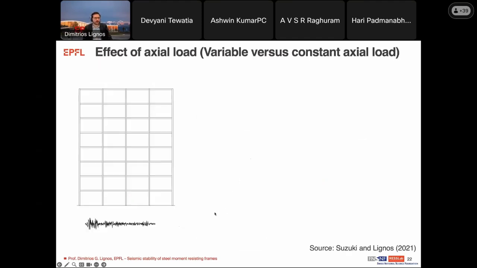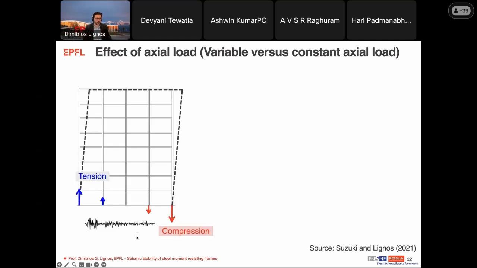Also, we looked at the effect of the axial load, and in particular variable versus constant. What happens here is that when the building is deforming, there would be columns that essentially experience tension, but in this case, you would worry more for the foundation system. But there would be columns that experience more compression.